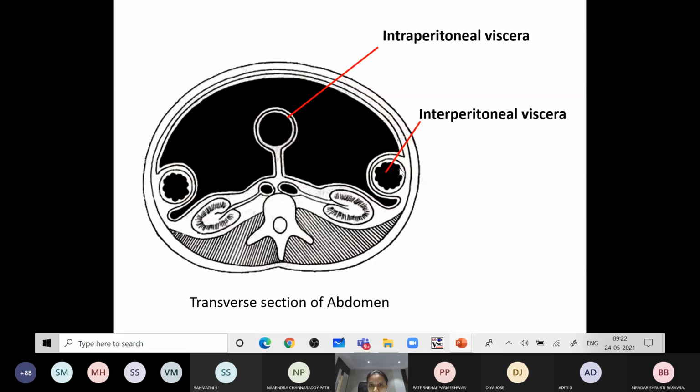Whereas interperitoneal are the ascending and descending colons. Retroperitoneal, the kidney and the pancreas, are covered with the peritoneum on their anterior surface. Here, the peritoneum is covering the anterior surface. So these are retroperitoneal organs.